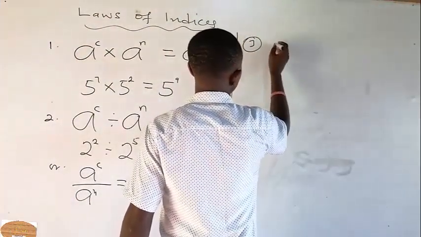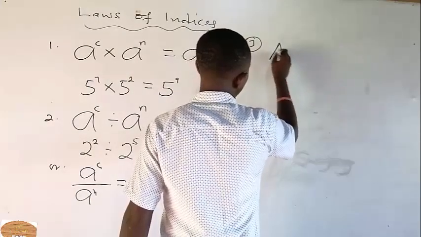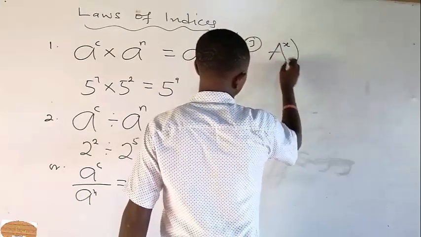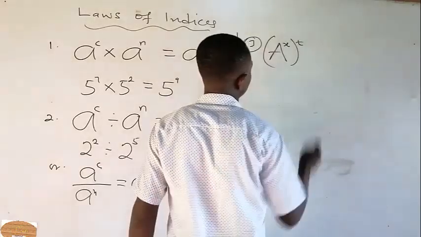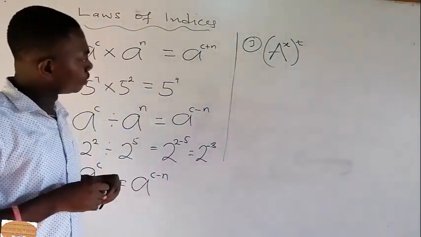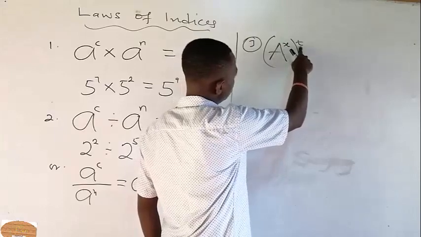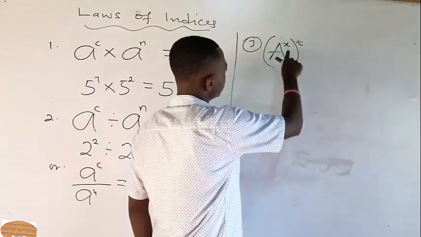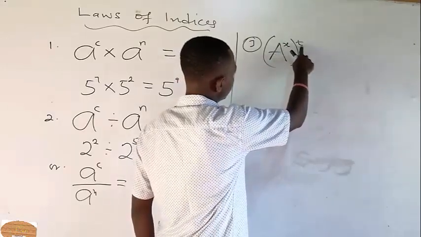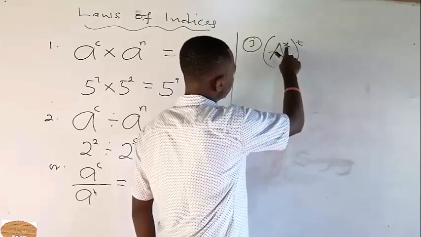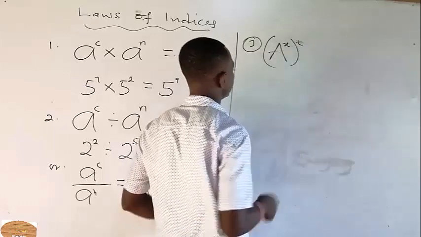So in case we are given, let's say, a to the power s times t. Alright. Now, this one is a power, this one is a power. So the law says that this one can multiply this. So this one is s times t.